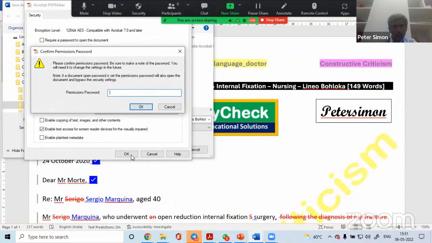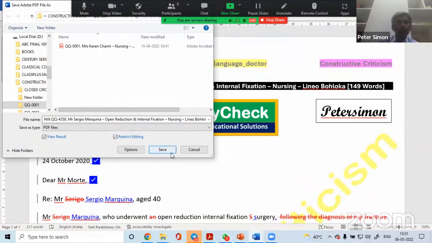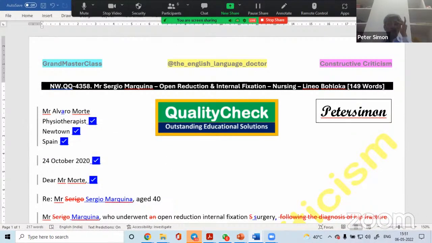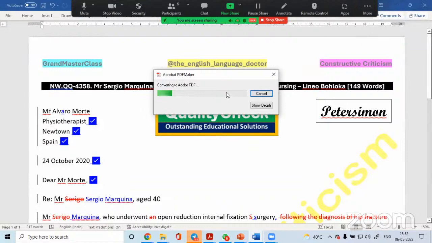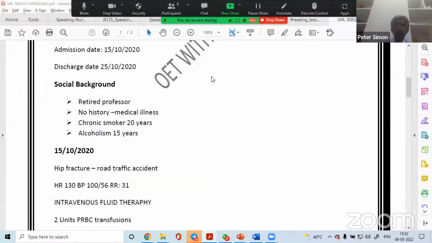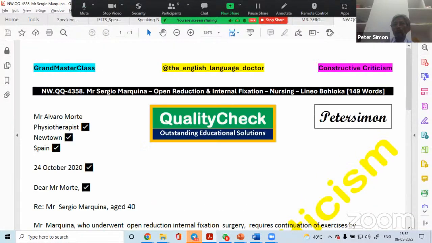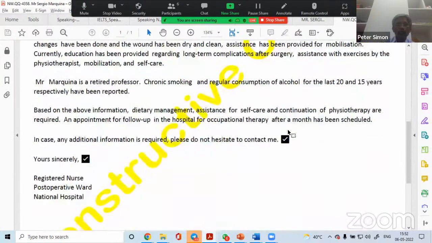Now confirm password. Okay. Nobody can edit this document. Okay, save. Fine. Okay. Yes, the PDF I'm creating. Yes, there you go. So this is the PDF.